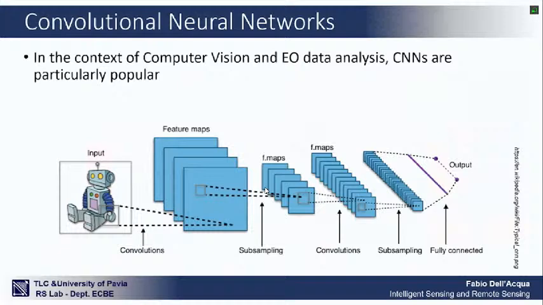What you do here is you have a sliding window, and for every location of the sliding window you compute a feature map by convolving that portion of the image with a function which is defined for that specific classifier. You have multiple functions, so you have multiple feature maps. And then you throw away some of the samples, you do the so-called subsampling, and you get to this point, where you have further convolutions, etc.